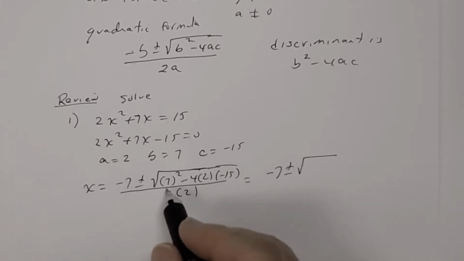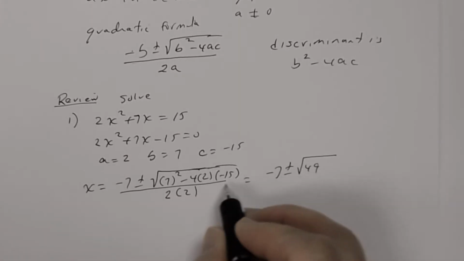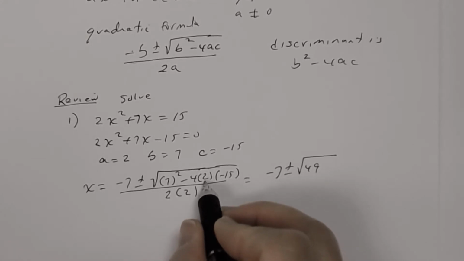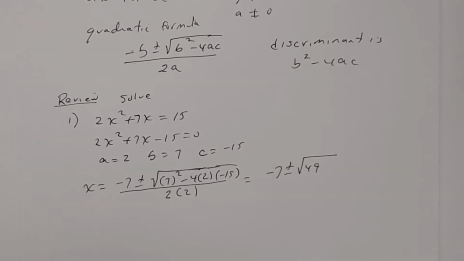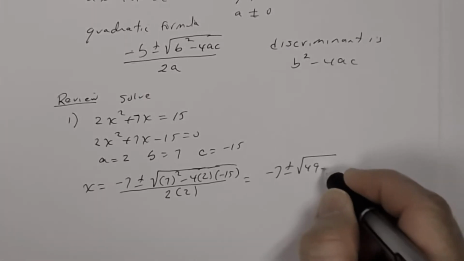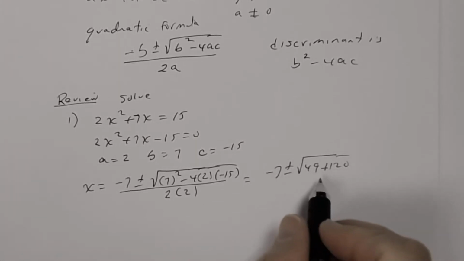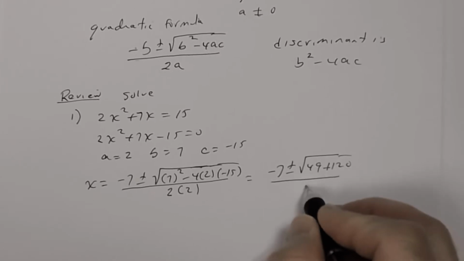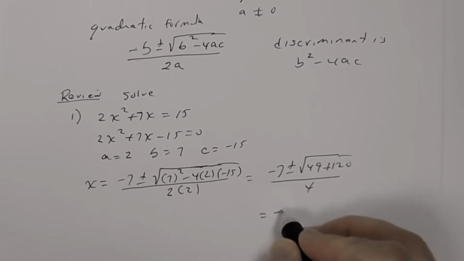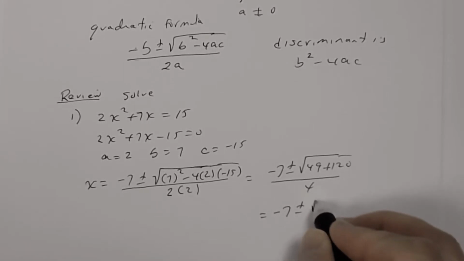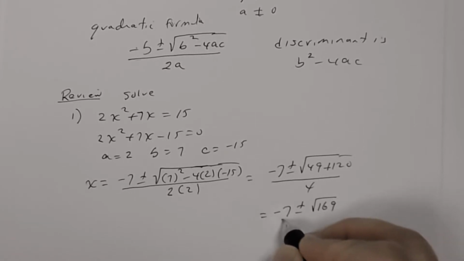So 7 squared is 49. And then negative 4 times 2 times negative 15 gave you 120. So this would be plus 120, because a negative times a positive times a negative is a positive. All divided by 4.